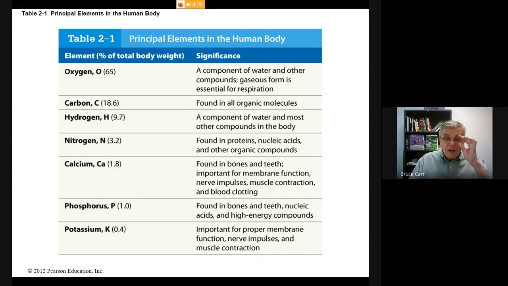If you go back to biology lab and you look at those amoeba and parameciums swimming around in the pond water, this table is true for those as well. 4 elements make up 95% of the total body weight of a cell or a living organism. And those first 4 elements are oxygen, carbon, hydrogen, and nitrogen.